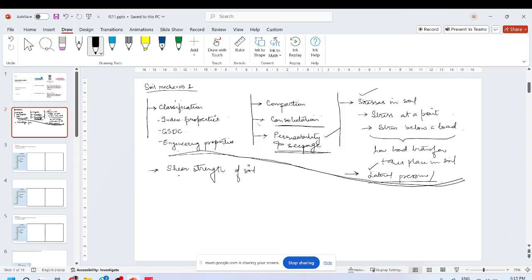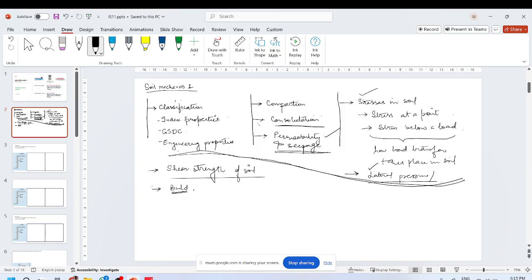This is basically one of the most important topics for geotechnical engineers because our job is to assess, as engineers by name itself, we build stuff.